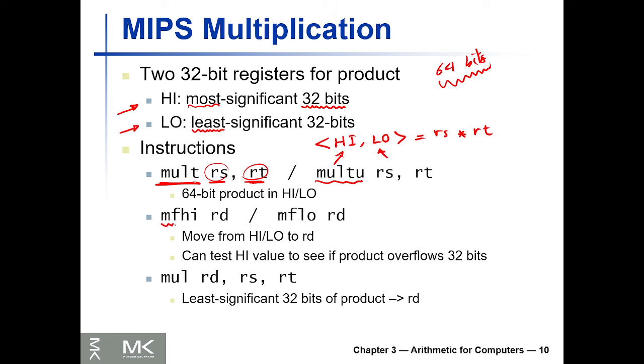One is called move from HI to some destination register, and the other is move from LO to some destination register. For example, move from HI to register T0, so T0 will be equal to HI.